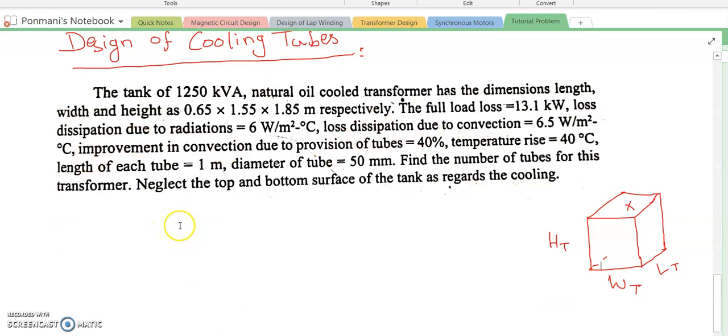So first, the temperature rise is also given. We have to calculate the total number of cooling tubes. In a transformer cooling tube design, we have to calculate the total number of tubes.